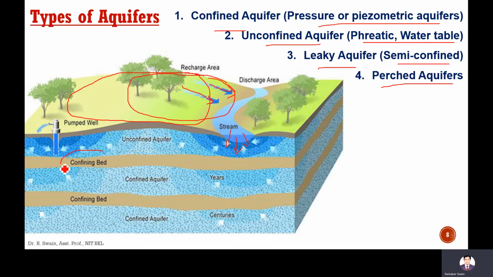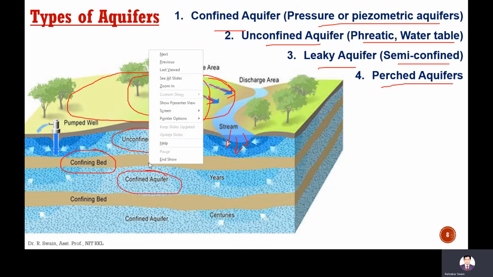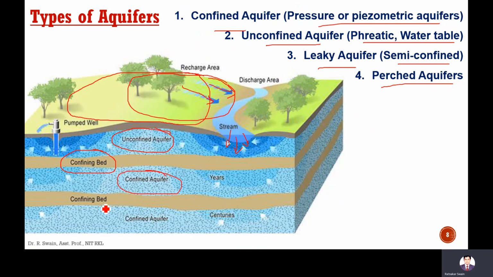So this is the confining bed, and the aquifer depends on it. Confined means both the upper layer and the lower layer have a confining bed, meaning an impermeable layer. So it is confined, so it is called a confined aquifer.